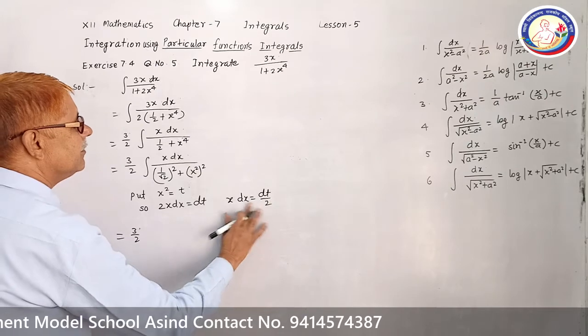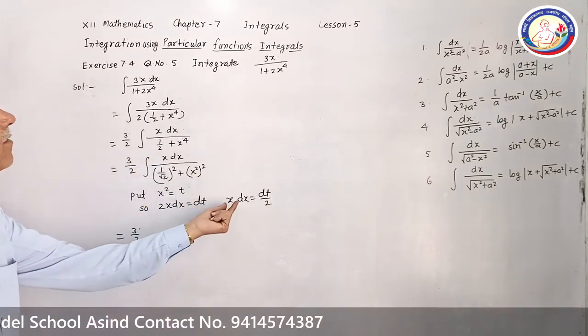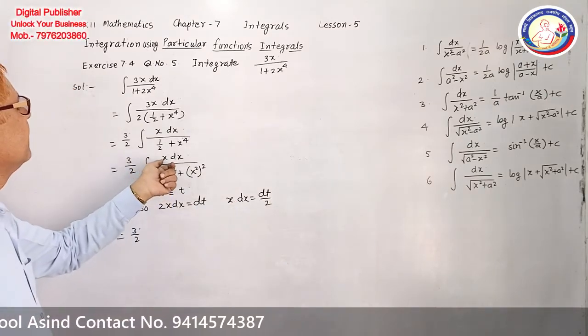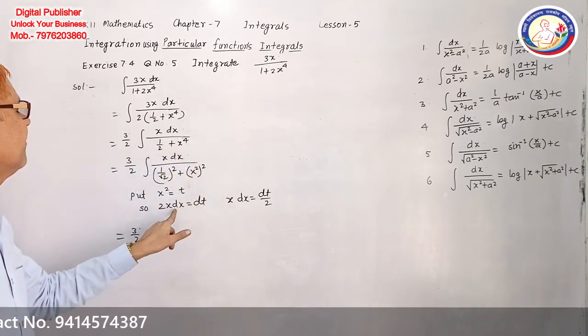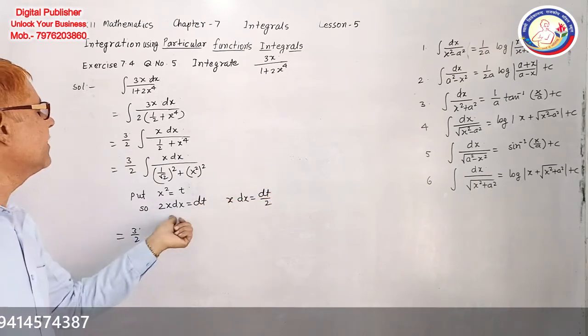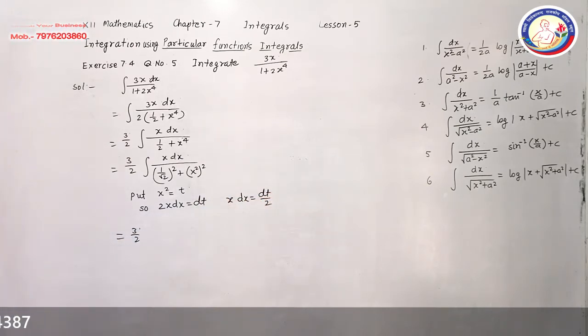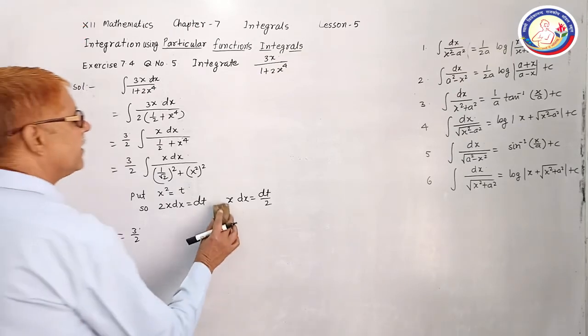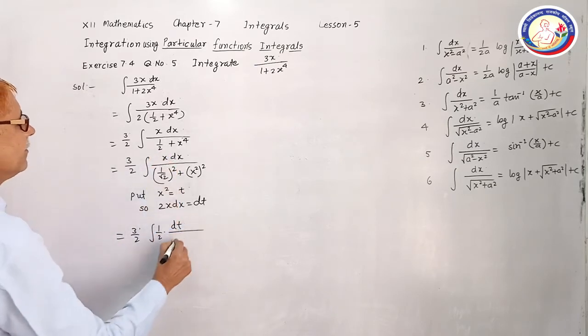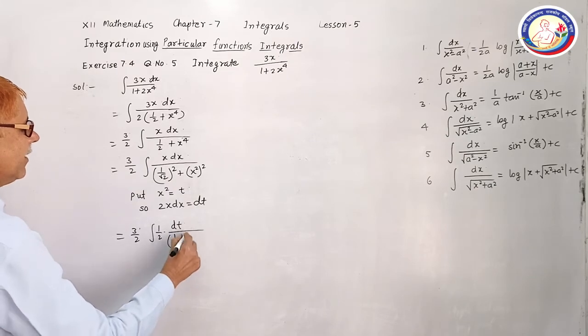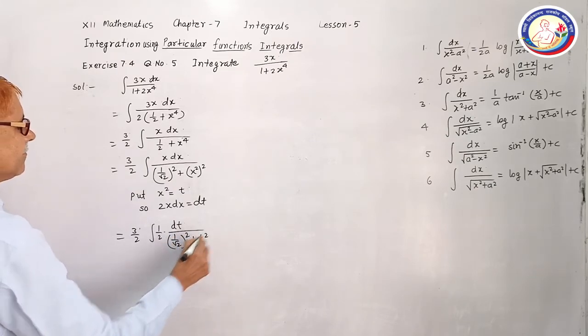This will be easier if we find the value in terms of the present term here, x dx. So I have written it in the form x dx equal to dt by 2. These are similar, only the way of expression is different. So 3 by 2, and x dx is dt by 2, 1 by 2. And it will be 1 by square root 2 whole square plus t square.